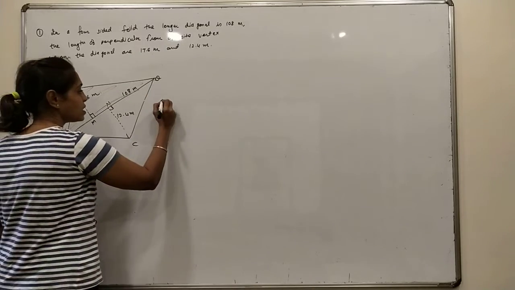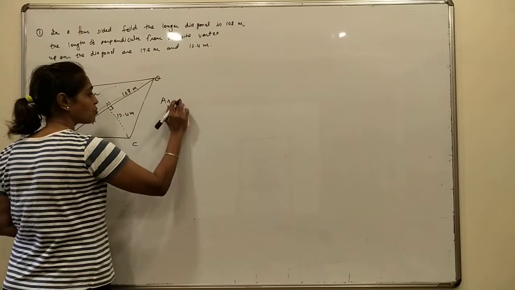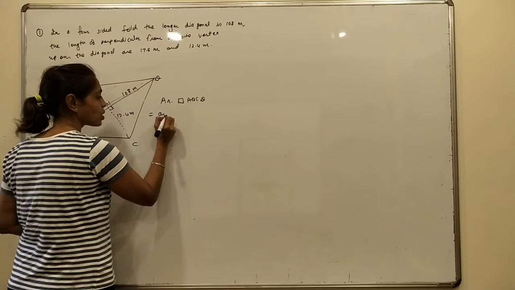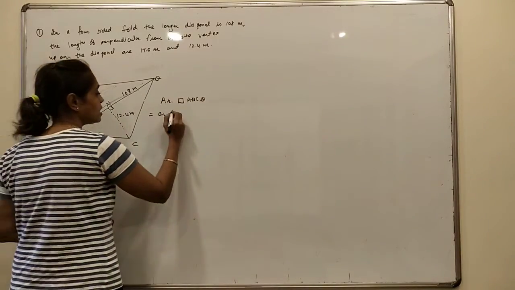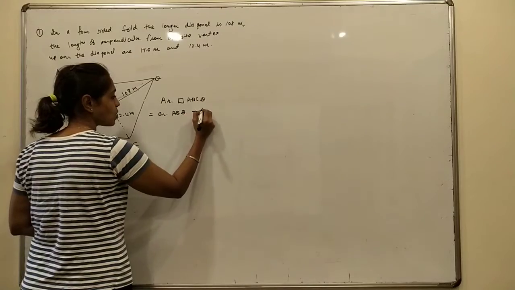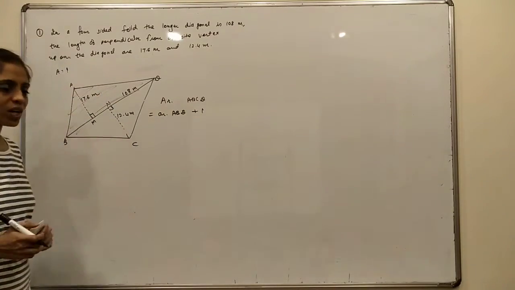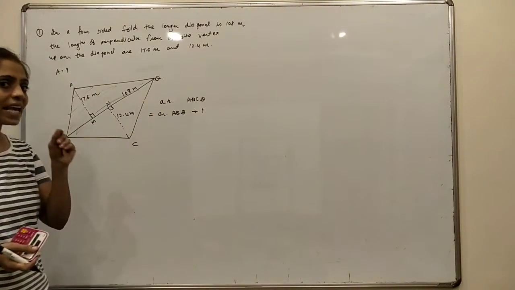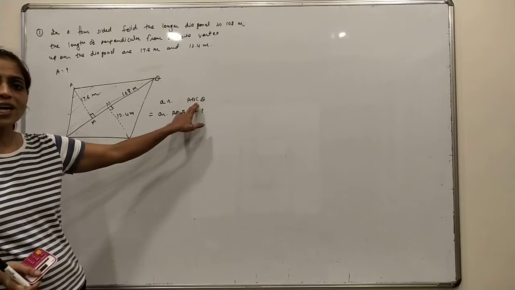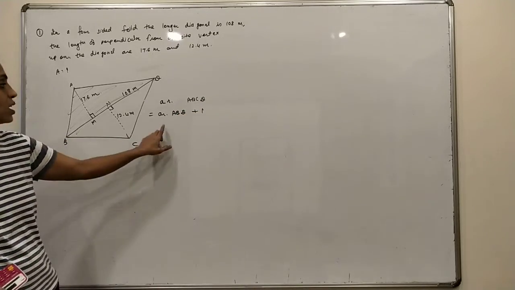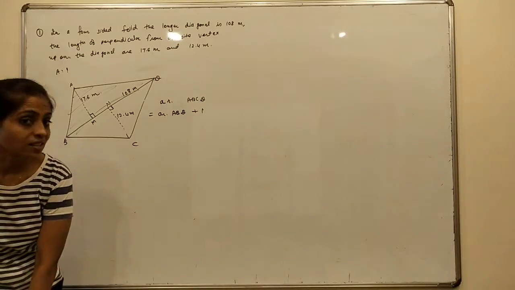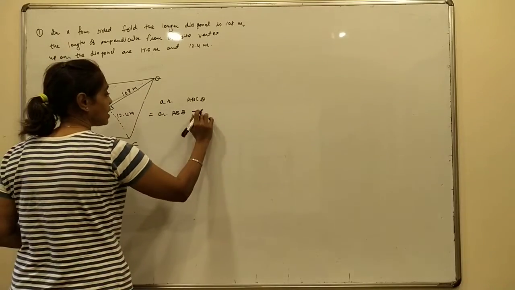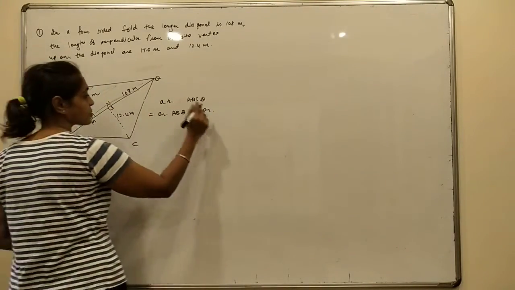Area of quadrilateral ABCD is equal to area of ABD plus area of BCD. When we write area, we don't write any symbol, just AR for area. Area of 4 letters means 4 sides, and area of 3 letters means 3 sides, which must be a triangle. So area of ABD and area of BCD.